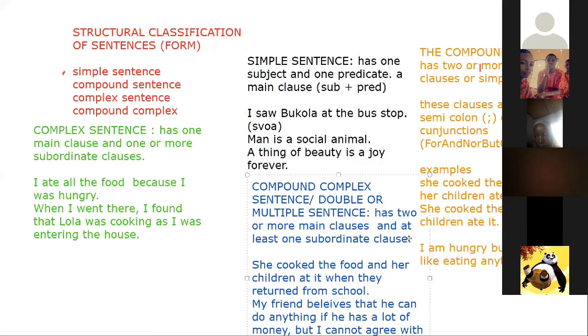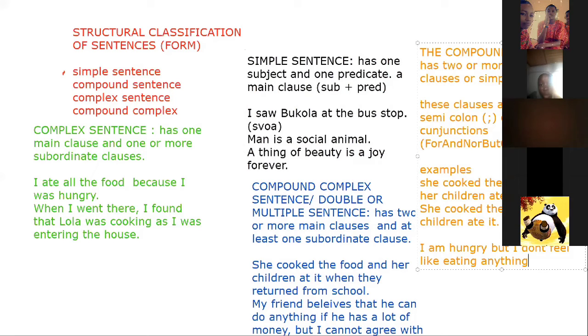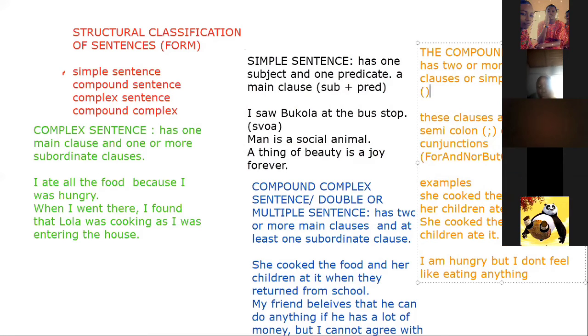Now we have this. For the compound sentence, do you understand me? Yes, sir. For the compound sentence, that one is made up of what? It has two or more main clauses.